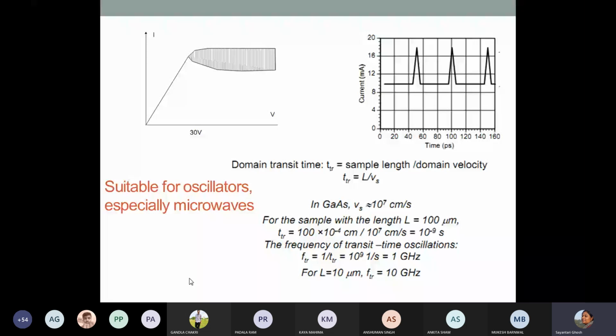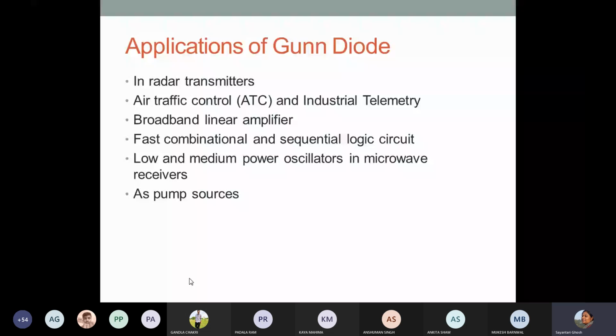Gunn diodes are used in various fields as generators for creating these periodic signals: in air traffic control, mostly in transmitters, in amplifiers, in several power oscillators, microwave receivers, and so on. So this is the general principle of how a Gunn diode works.